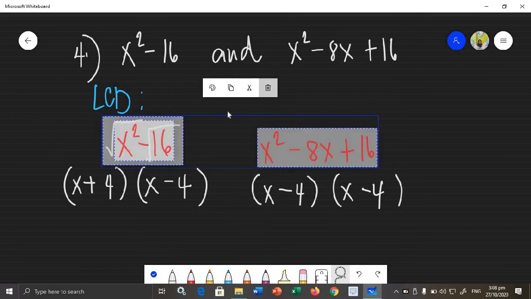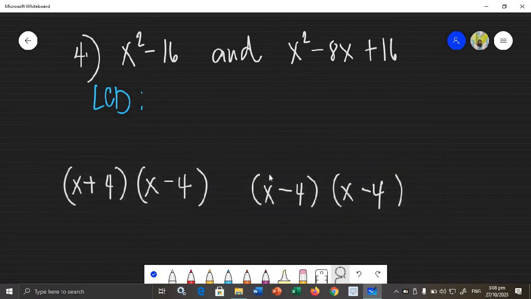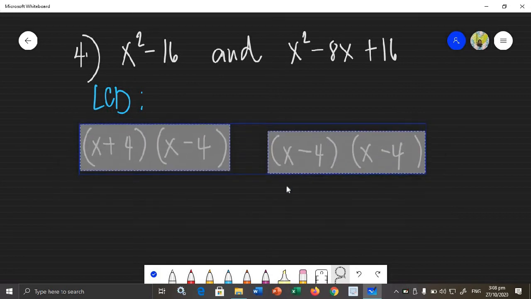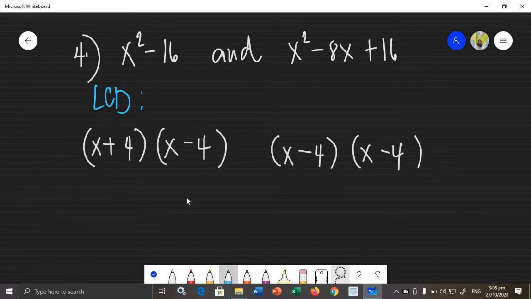Now that we find the factors of the given, we will observe them. Napansin nyo, there are 3 x minus 4. May tatlong x minus 4. So kanina, kapag may dalawa na same na factors, ika-count lang natin yun as isa.